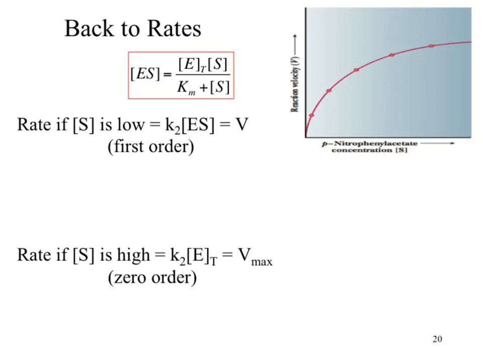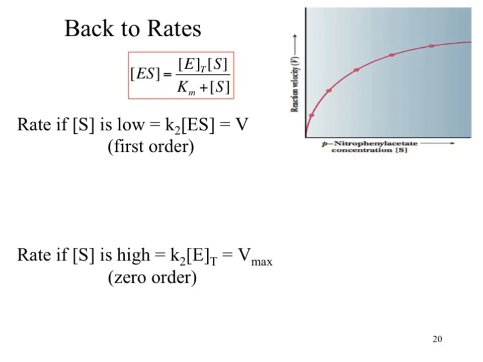It's a lot less letters. So let's give them some credit for that. If we go through and look at the rate, if our substrate concentration is high, what happened to our rate? It flatlined. We've achieved a maximum velocity. We'll call that Vmax. Right?